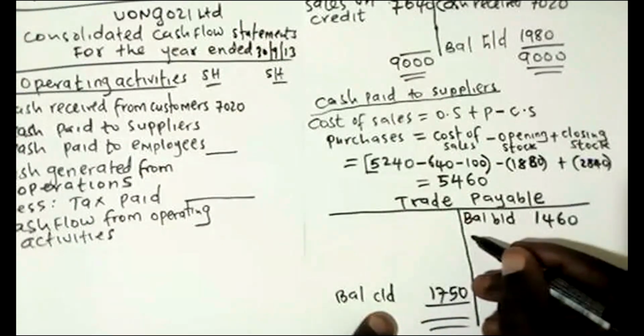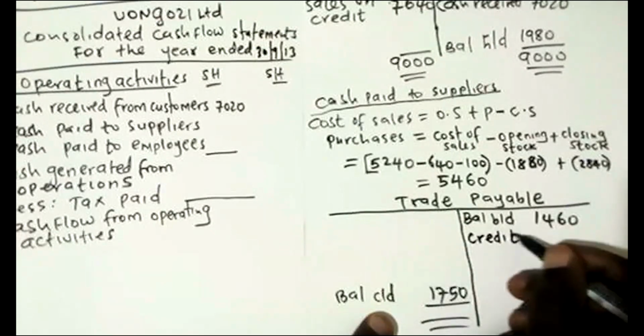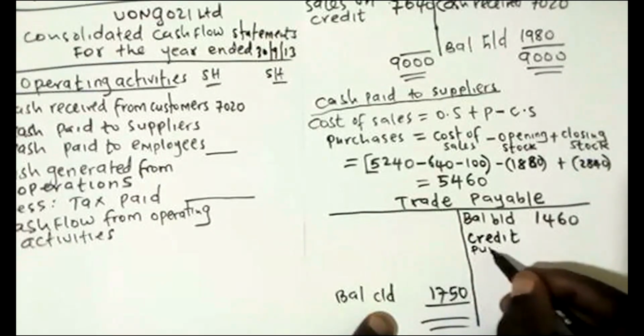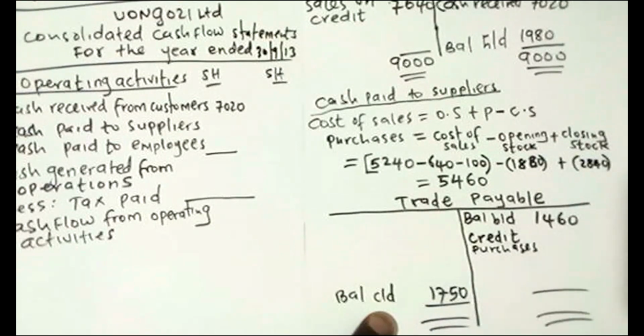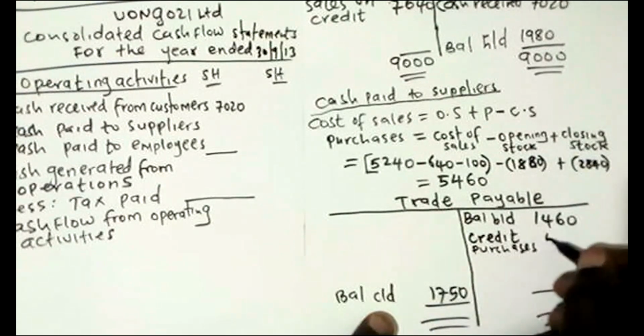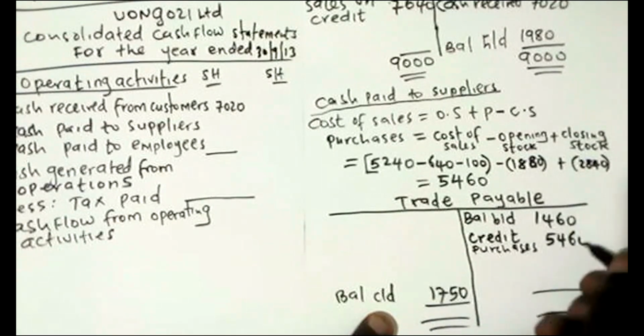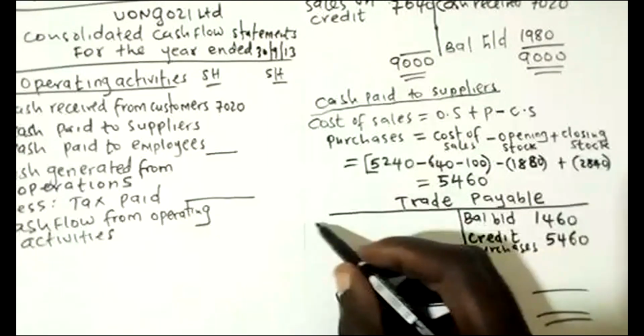Then what can increase this account is the credit purchase we have determined, 5460. So what can reduce this account?